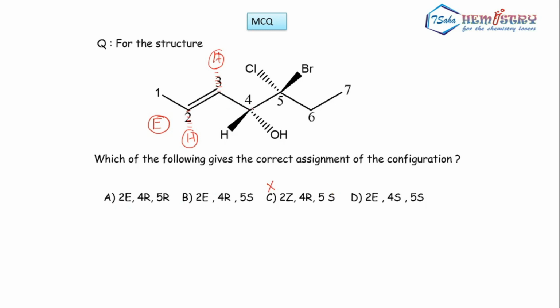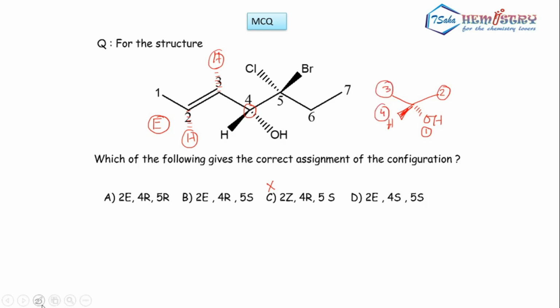Now look at carbon number 4. You have to decide whether it is R or S. What is the rule? I am writing this in this way: the hydrogen is present over here, this is the position of OH, and this is the position of a group which contains chlorine and bromine. If you are giving priority numbers, then OH will get first priority, this carbon will get second priority, this carbon will get third priority, and hydrogen will get fourth priority.